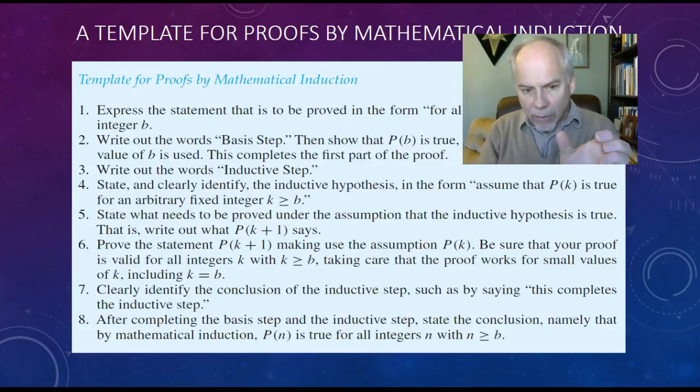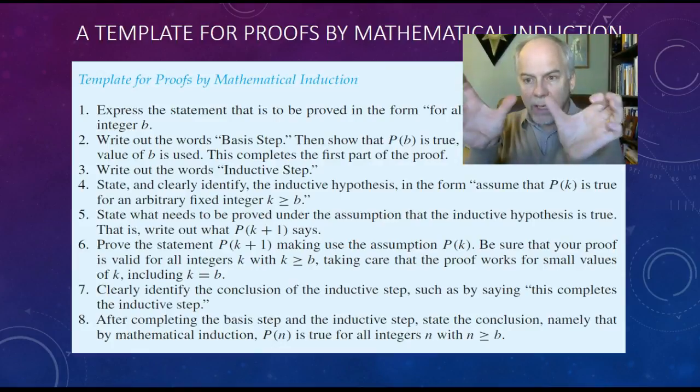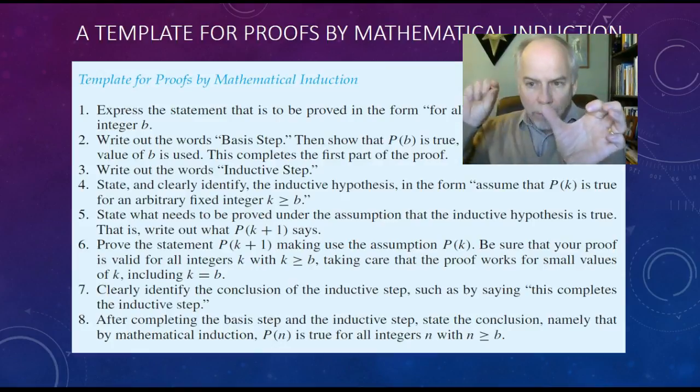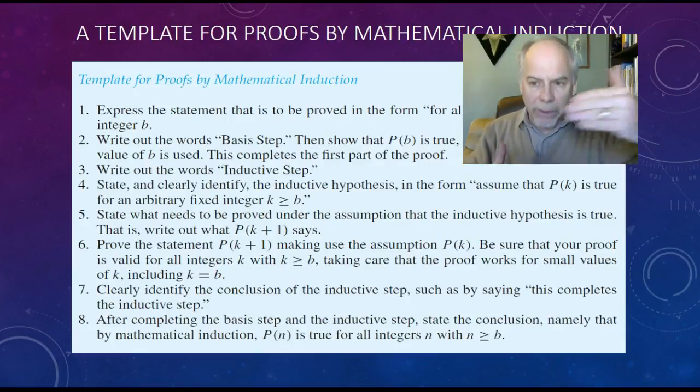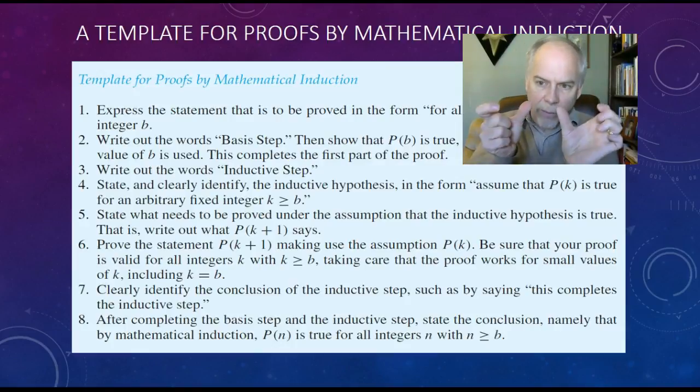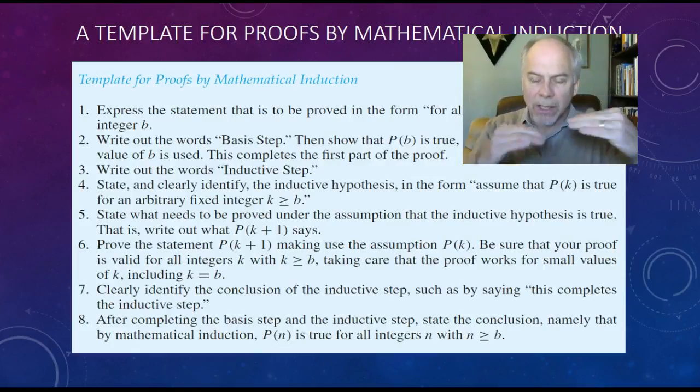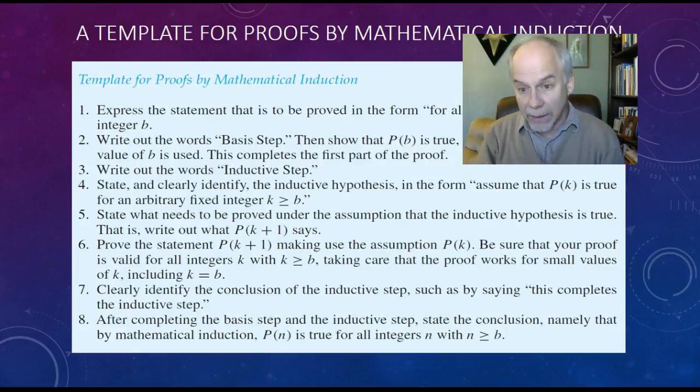So you might want to write out what P of k plus 1 says. In other words, take the formula and instead of n, put in k plus 1. That's important because you need to know what your ultimate goal is in this step. Your ultimate goal is to have the formula with k plus 1 in it instead of n.